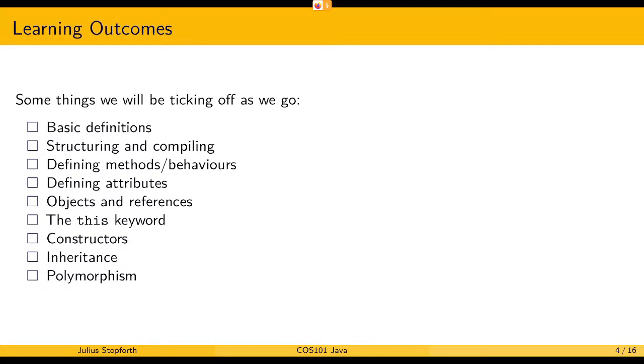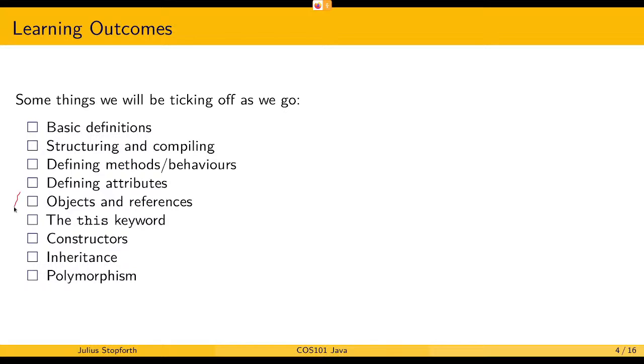So just have a look here. Today we're going to be talking about basic definitions. We're going to talk about how you structure and compile. That'll come in a bit more with polymorphism and inheritance. And especially we're going to look at how we define methods, because they're quite useful, and attributes.